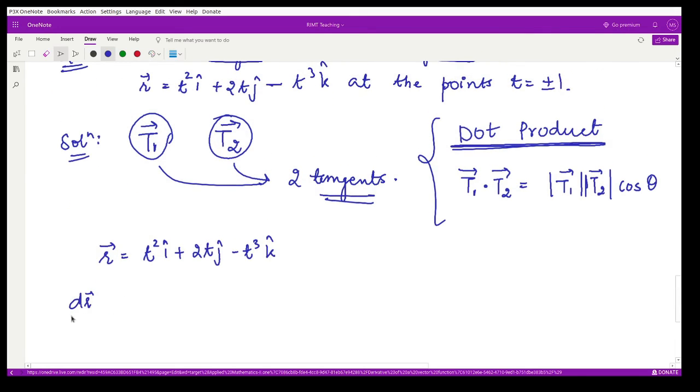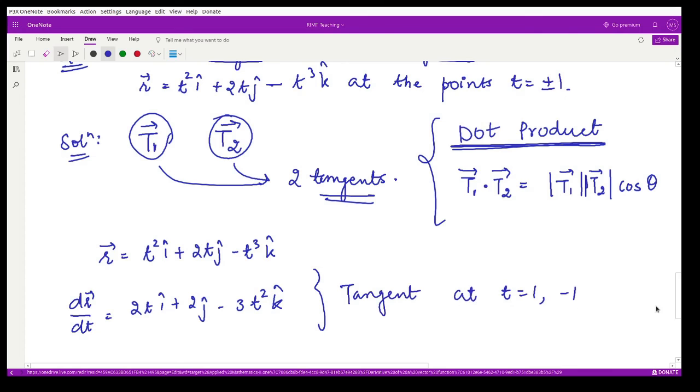So first of all, let's differentiate this. It would be 2t i cap plus 2 j cap minus 3t square k cap, right? So this is the tangent, but we have to determine the tangent at the points t is equal to plus 1 and minus 1.